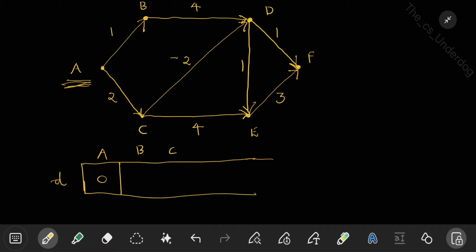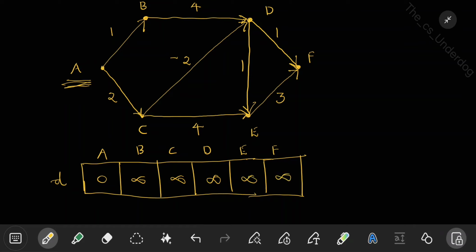So B, C, D, E, F, all of these will be infinity for now. When I write infinity, practically it just means a very large number.